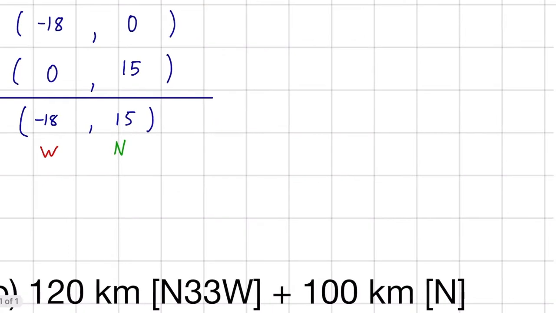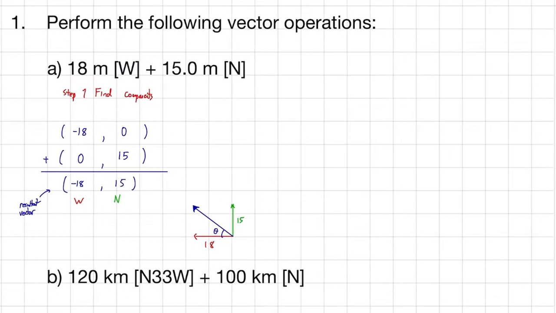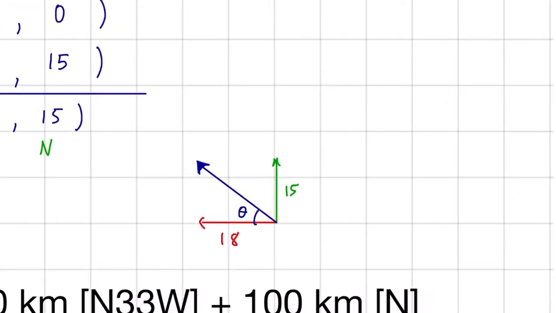So what we have now is a vector 15 north and 18 west. So our resultant vector, when we add them up, is going to be this, with some angle theta.